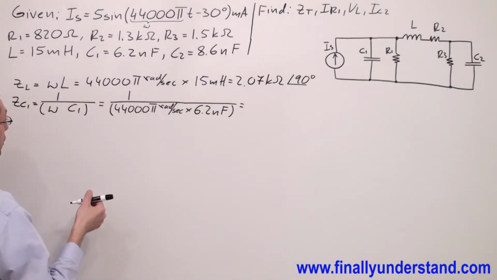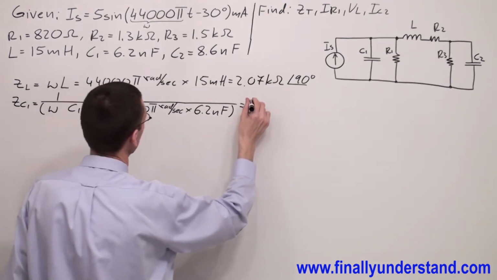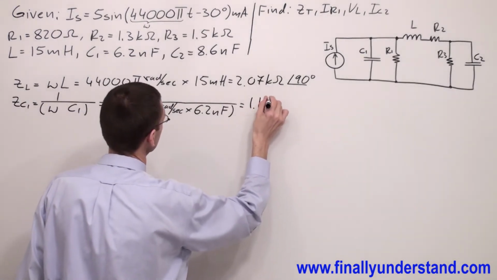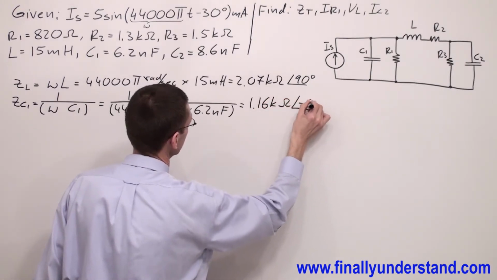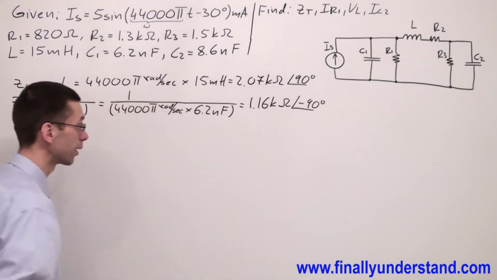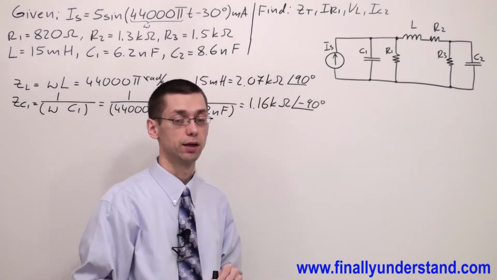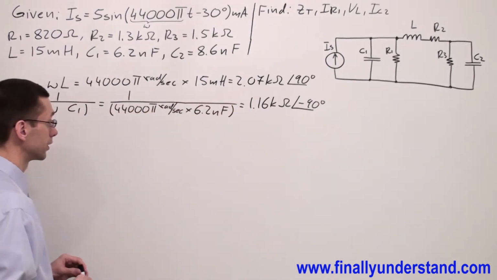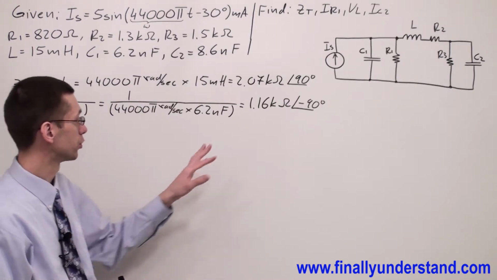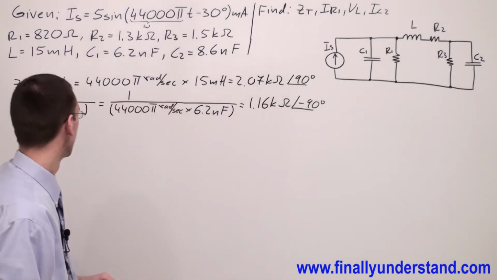Again, use the calculator. You're supposed to get the value of 1.16 kilo ohms and angle of negative 90 degrees. Remember, anytime we talk about the impedance of the capacitor, you're supposed to add angle of negative 90 degrees or simply negative J. But as I said before, we are going to use most of the time the polar form.